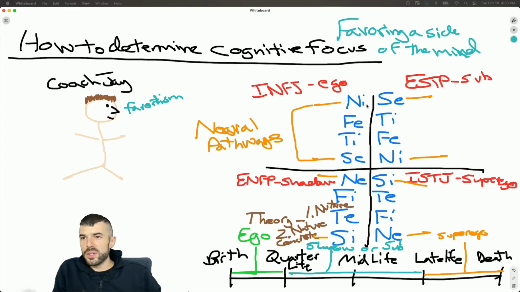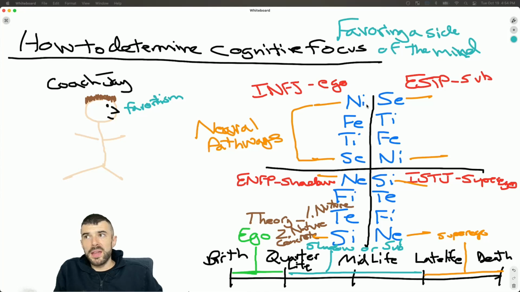There's a lot of different things that a person needs to keep track of when they're looking at this sort of stuff. But the bottom line is that while we may favor what our ego is and have a preference towards our ego, once that preference is set, there's sub-preferences. The next sub-preference, another layer deeper, is: which side of the mind do I prefer or favor at a certain time in my life? That, in general, is what cognitive focus is.